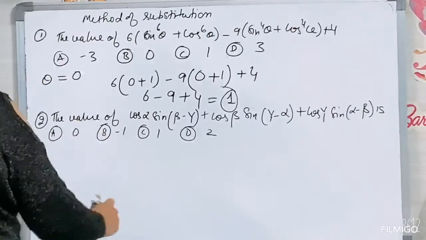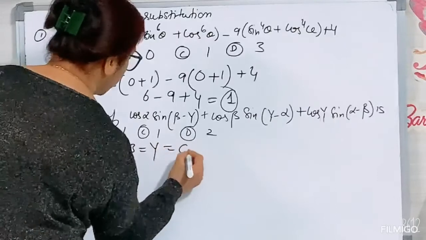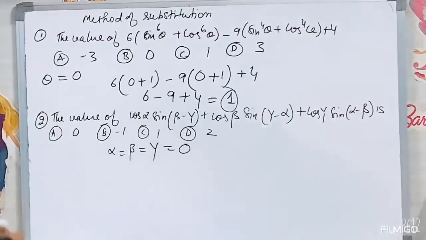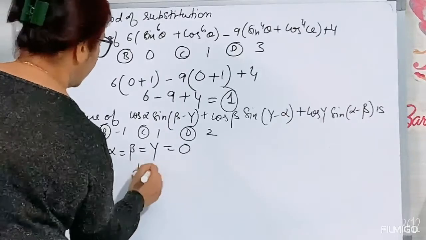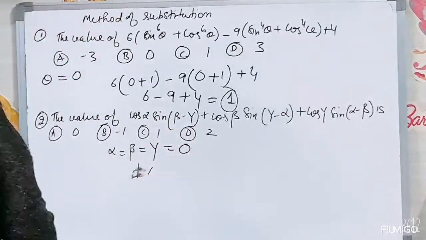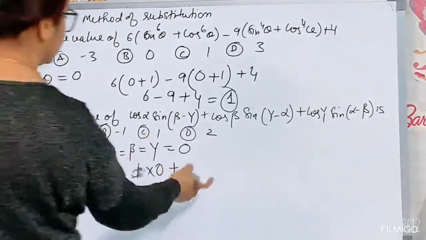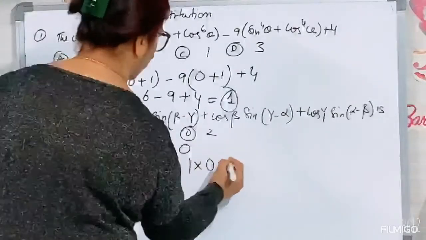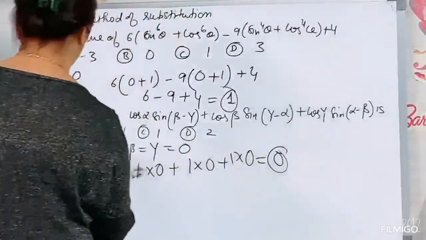Very simply, I am putting alpha, beta and gamma equal to 0. Cos alpha 0 is 1, and sin beta minus gamma is 0 only. Similarly, cos beta, 1 into 0 plus 1 into 0. Answer is 0. मस्त है ना?